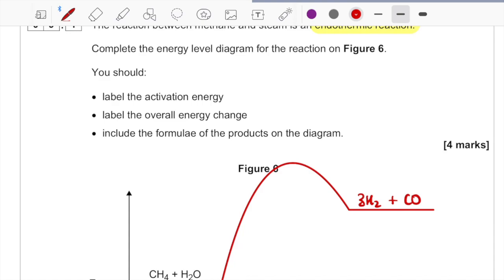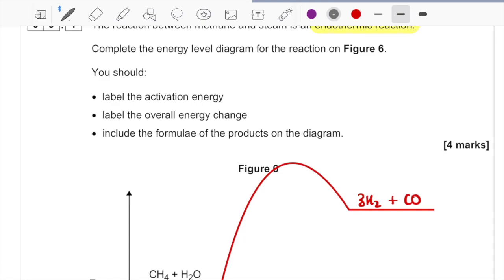Okay. Now it's important to draw that, even though it's not been mentioned, because otherwise you can't label the activation energy. Now I was really quite generous when I was marking this because I gave a lot of you the benefit of the doubt when it came to your arrows, because you basically put them in the right place, but a lot of your arrows were quite sloppy.